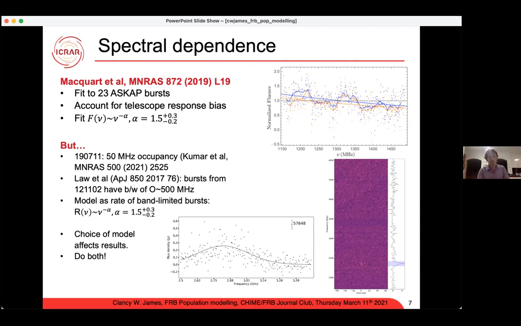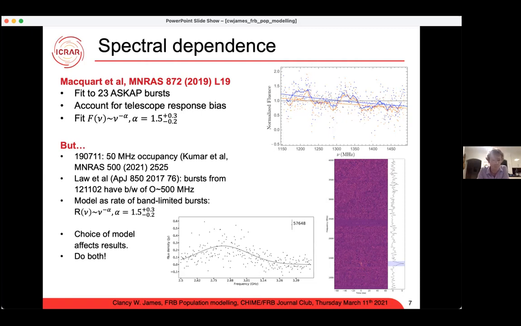But clearly, if you look at some of these bursts, the Law et al. paper on 121102 bursts saw things of order 500 megahertz bandwidth, or this one that we saw with a Parkes repetition with 50 megahertz, right? What's the spectral index of this? This is the classic test: if you have a student who fits a power law spectral index to this, you give up on them, right?